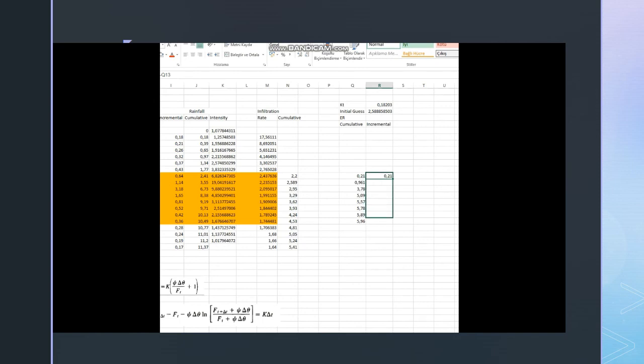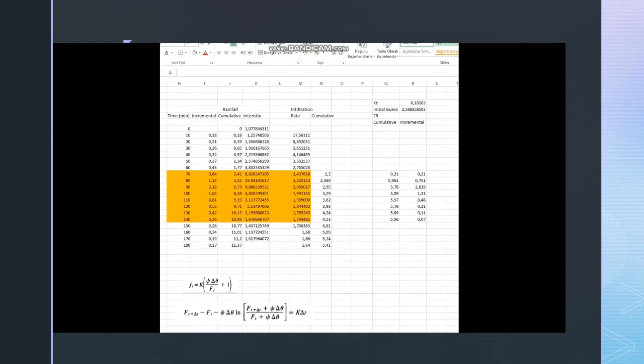Then we can see 0.96 minus 0.21 is 0.75. 3.78 minus 0.96, 2.81, and so on. This one is the incremental procedure of excess rainfall. So we can construct our incremental excess rainfall hydrograph, and we are done here.